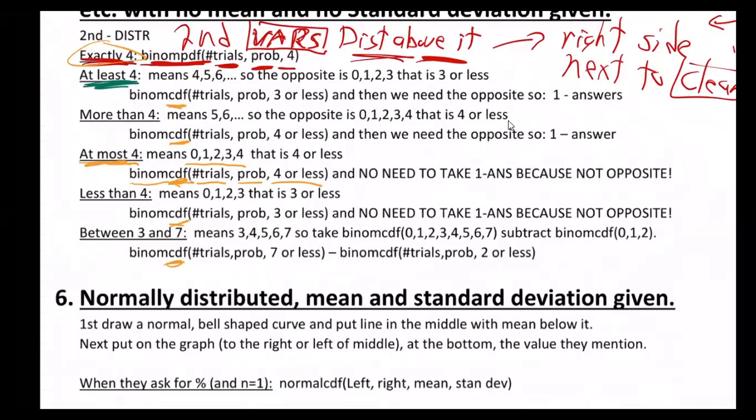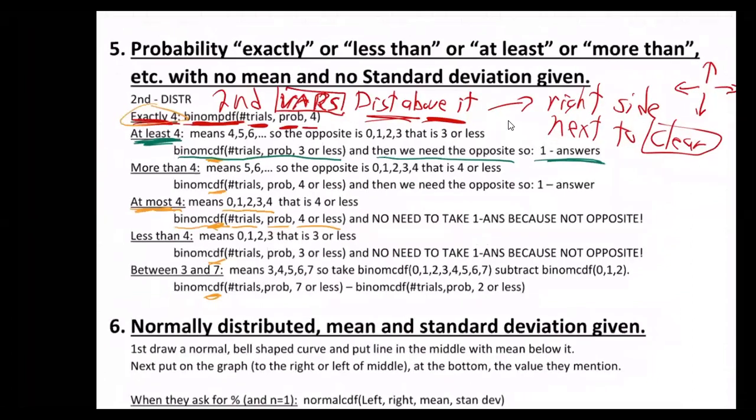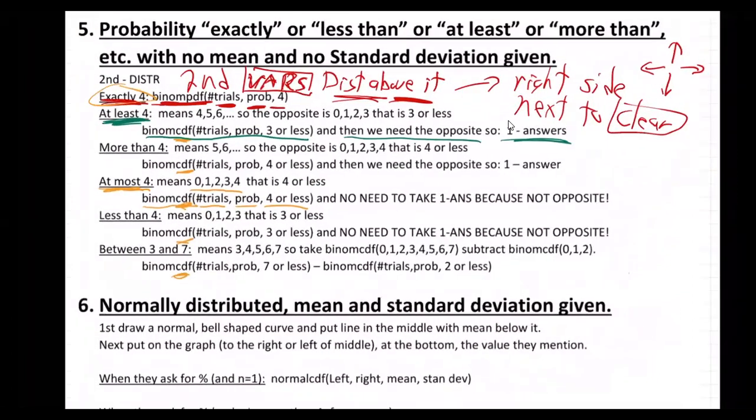For the at least kind, you have to do the binom CDF, and then afterwards, 1 minus the answer. Because it's opposite. It's a little tricky. You're going to need to follow carefully exactly what it says there. This is where people have trouble with these. So at least 4.